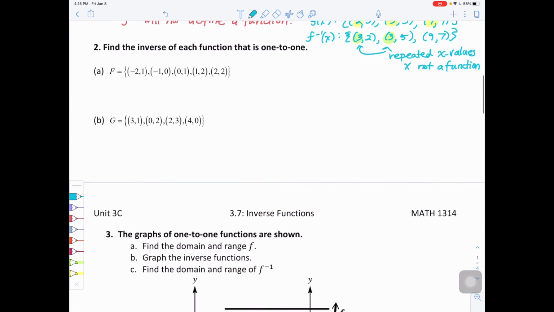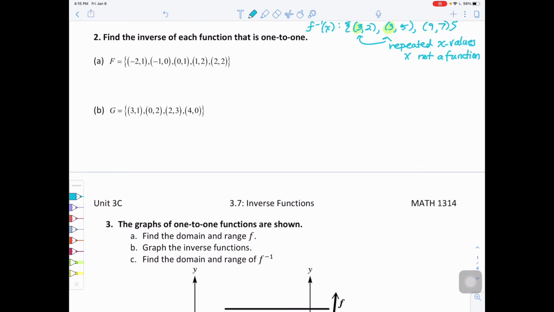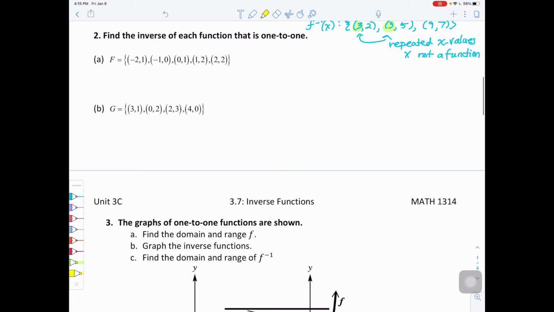Okay, let's find the inverse of each function that is one-to-one. So let's first check for the condition of one-to-one. We have x values of -2, -1, 0, 1, 2. We do not have any repeated x values, so we definitely have a function. However, and they told us that in the beginning, for each function, we better not have any repeated x values.